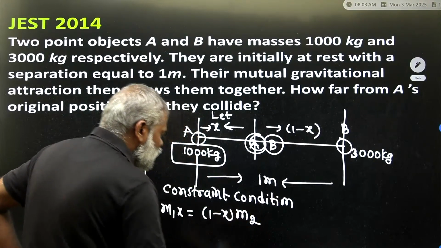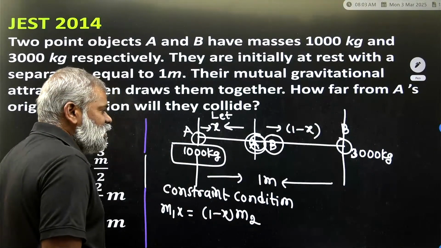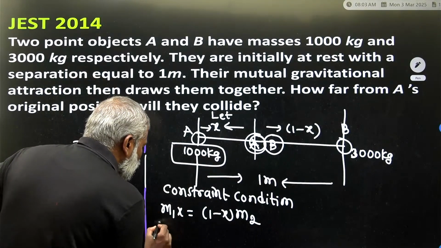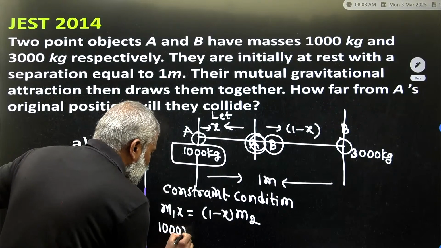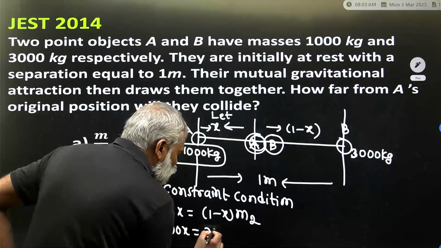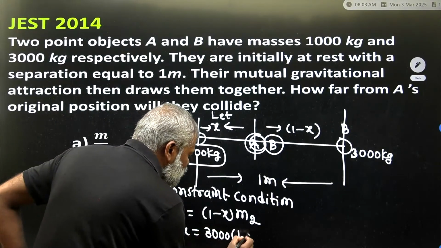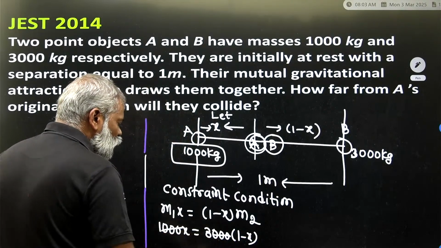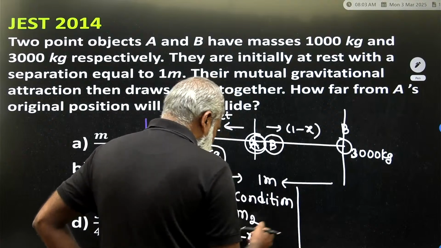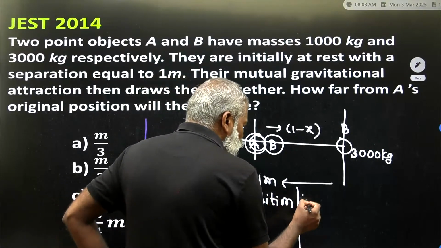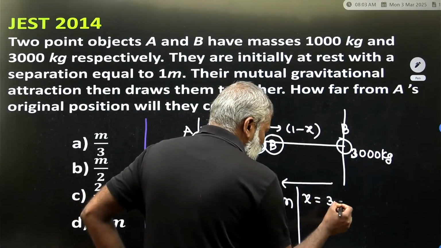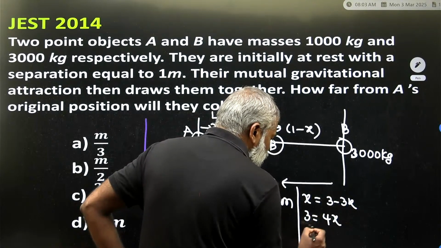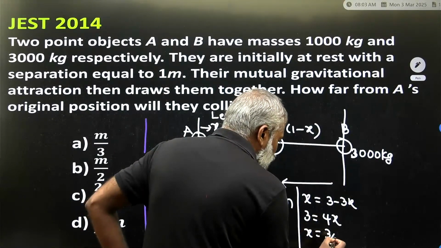M1 into x is 1000 into x, equal to 3000 into (1 minus x). The 1000 gets cancelled. Now we need to find the x value. x is equal to 3 minus 3x. So 3 is equal to 4x, x is equal to 3 by 4.